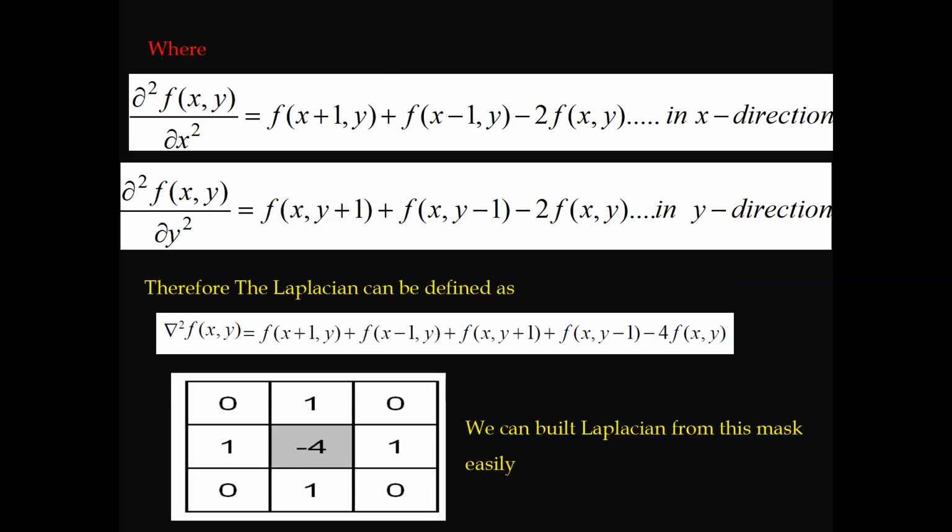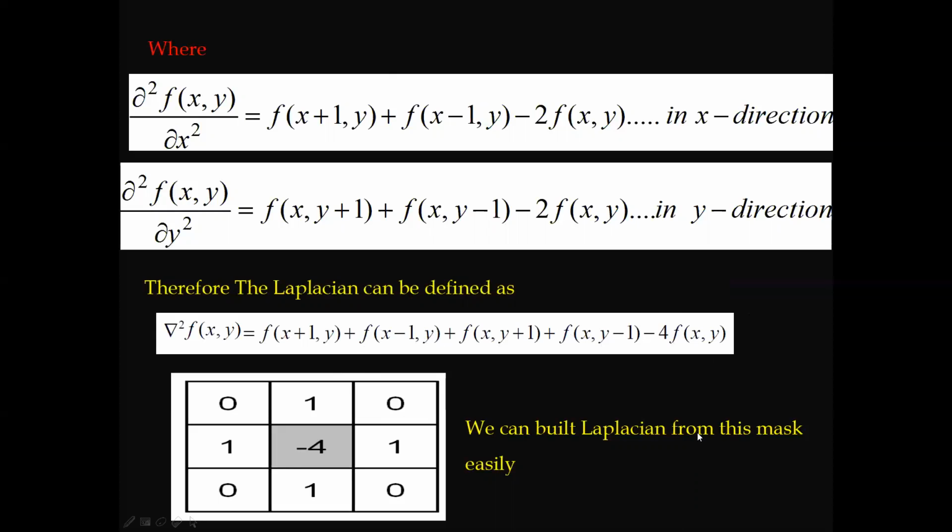Therefore, the Laplacian can be defined as del square f of x comma y, which is equal to f of x plus 1 comma y plus f of x minus 1 comma y plus f of x comma y plus 1 plus f of x comma y minus 1 minus 4 into f of x comma y.